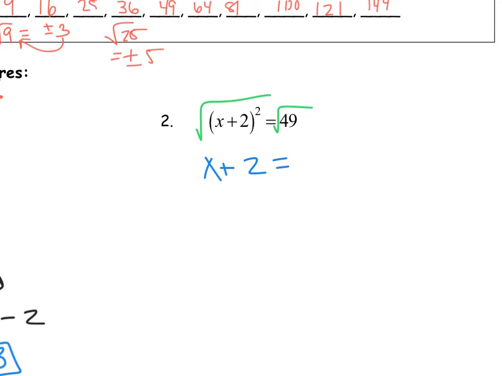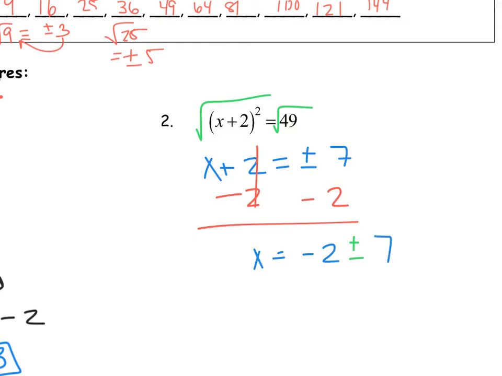What times itself is 49? You got it. It's plus or minus 7. How do I get rid of that plus 2? You got it. Minus 2. The 2s cancel. I get x equals negative 2 plus or minus 7.